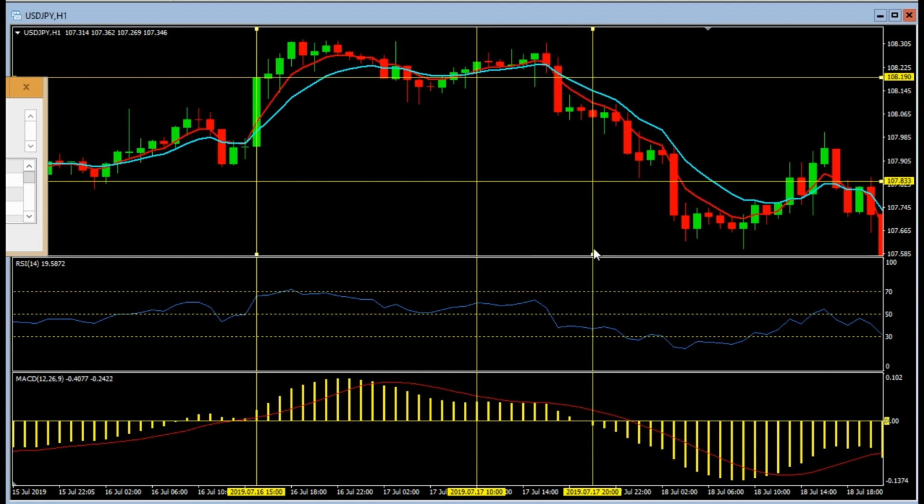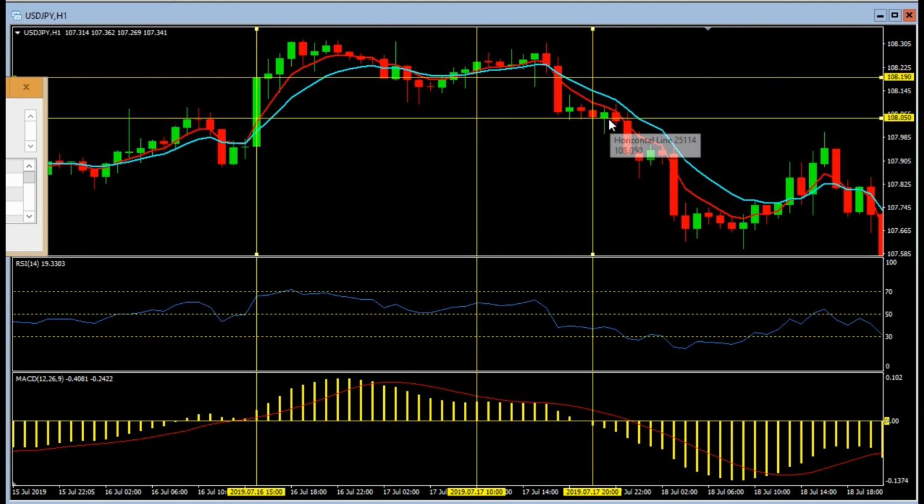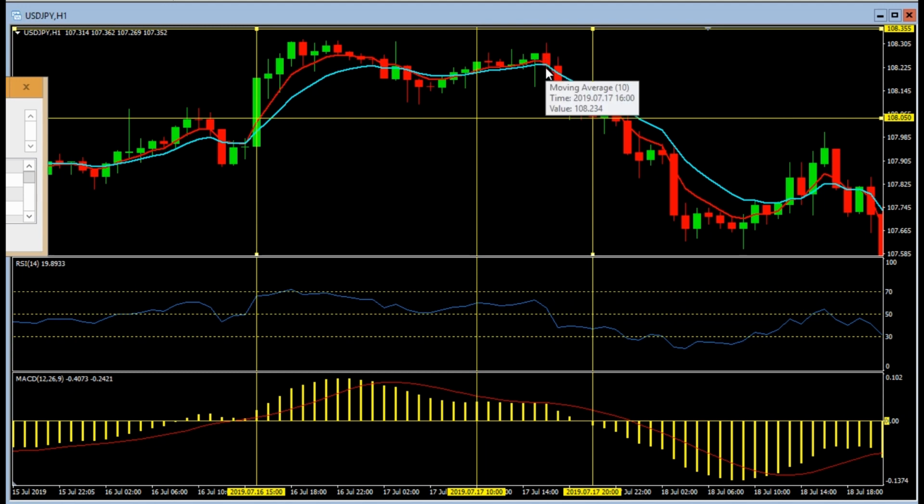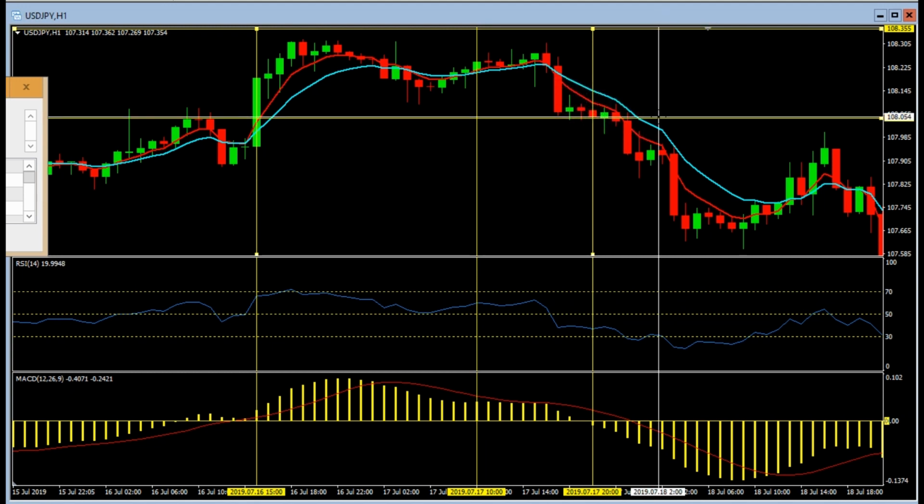So the MACD goes down here, this is the MACD going down, so you enter short here at the open of this green candle, and you place your stop loss 5 pips above the high, which was 108.358, 108.35 approximately, right? Okay, right now you are risking 30 pips.